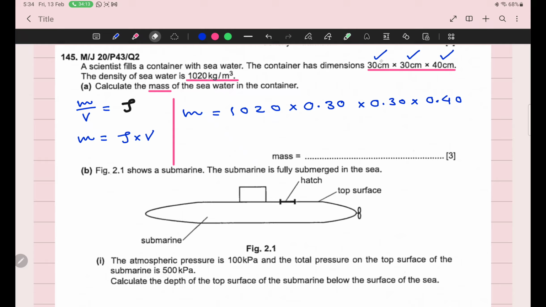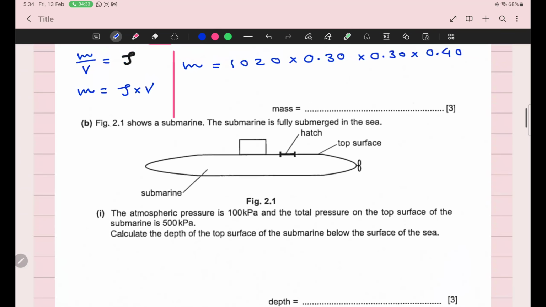Sir, why did you convert into meters? The answer is that density is in meter cube. When density is in meter cube, then volume should also be in meter cube, so all centimeters are converted into meters. Now, Navia, can you tell me what is the mass of the water? 36.7 kg.